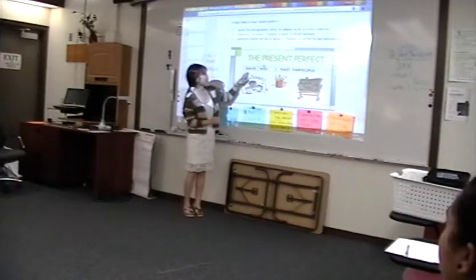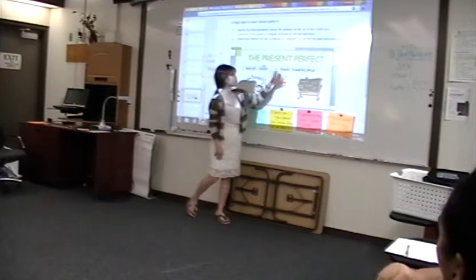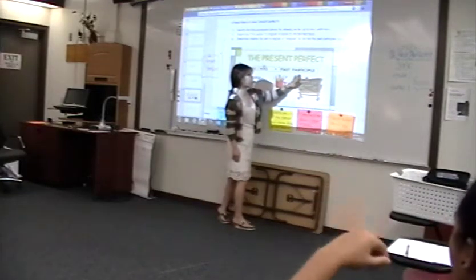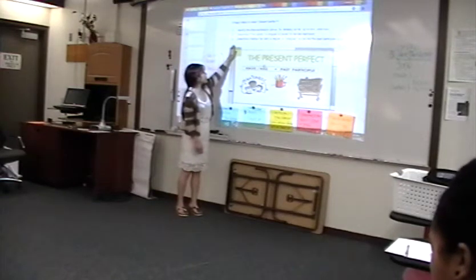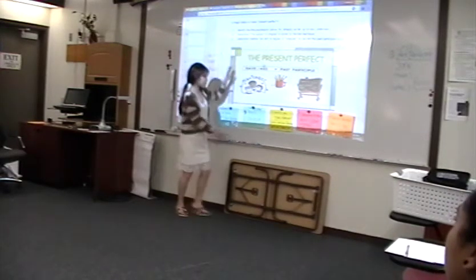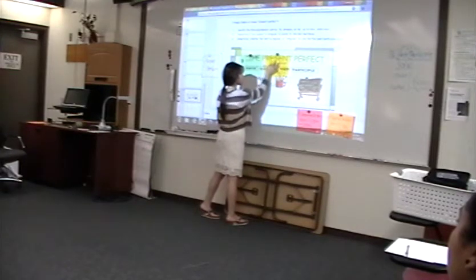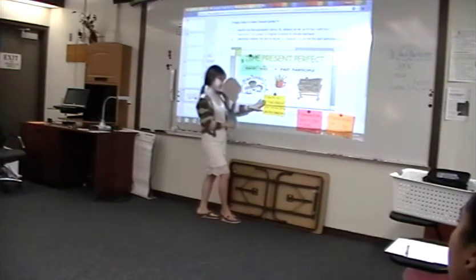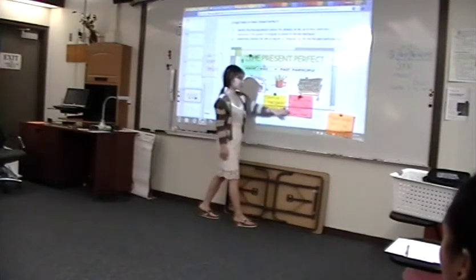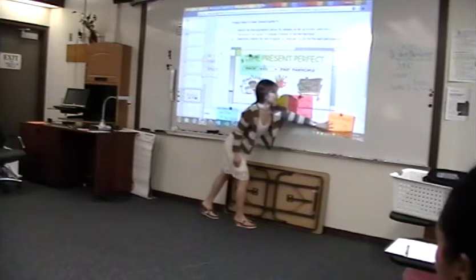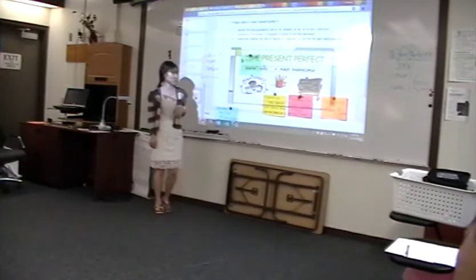So we use have or has depending on the subject, and we use the past participle of the verb form. And just remember the 3 magic steps: identify the time expression, determine whether the subject is singular or plural, and then decide the verb form of the past participle.